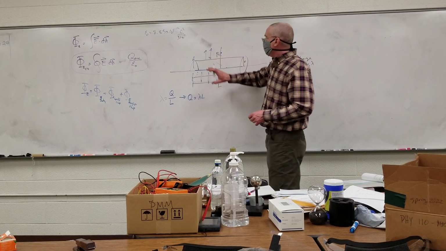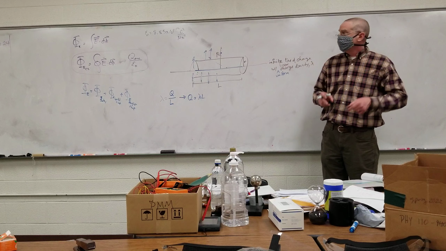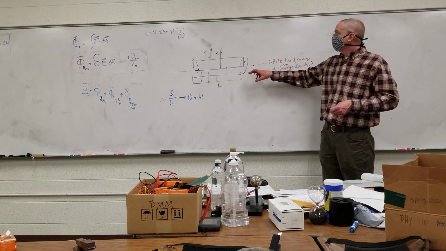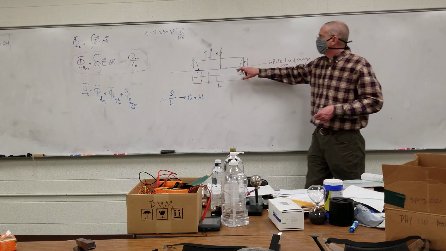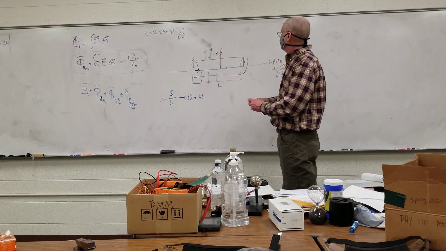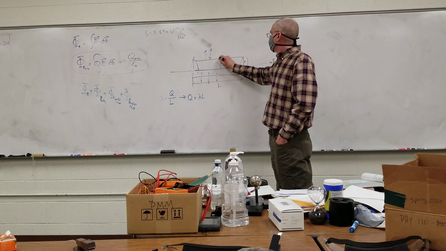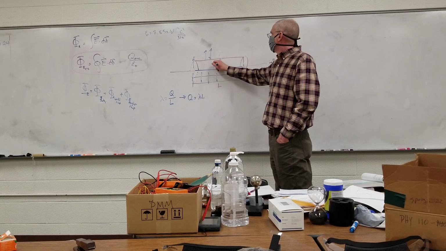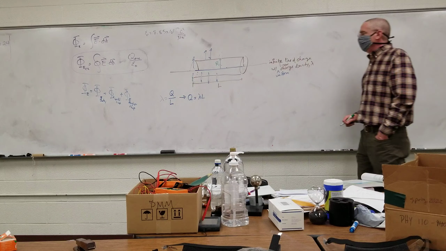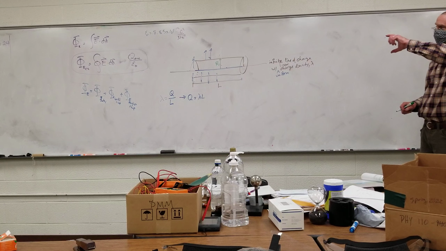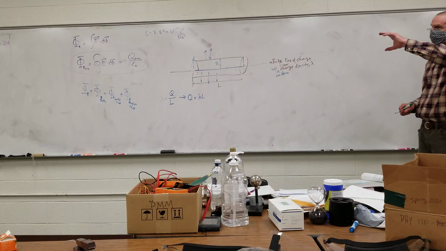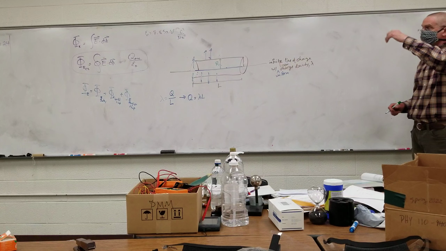Now, the body of this has a radius of r. I want to make the radius of the cylinder be the same distance from the cylinder to the point in question.